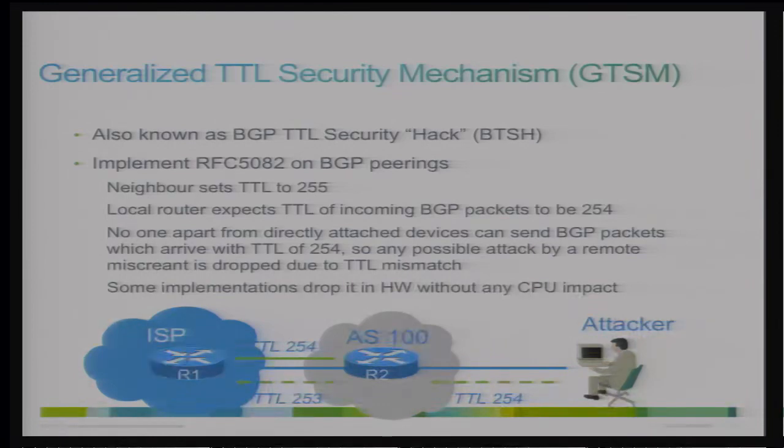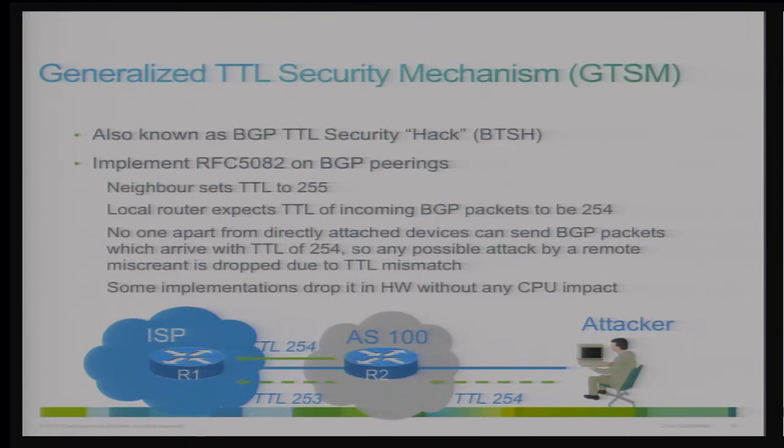And some platforms implement that in hardware. So the packets are dropped in hardware, no CPU impact, no flapping of BGP sessions. If somebody tries to attack your BGP sessions, one way is to send you a BGP update that masquerades as coming from a forged IP address, which is your directly connected peer, but it's actually coming from far away.